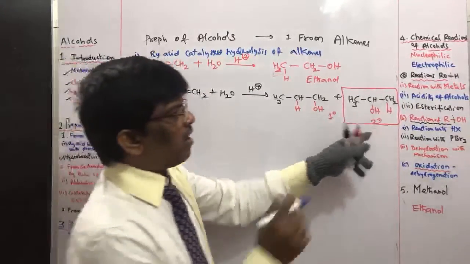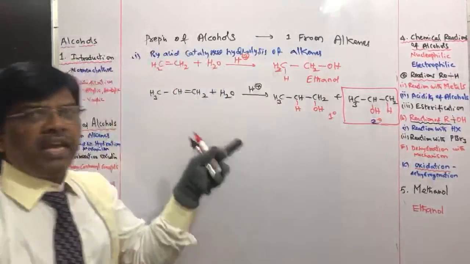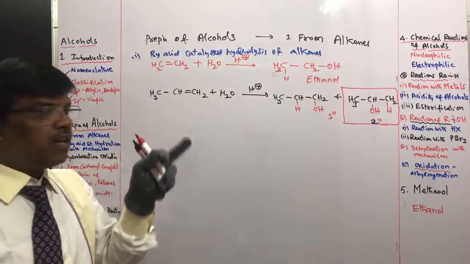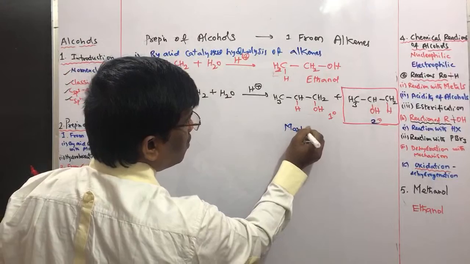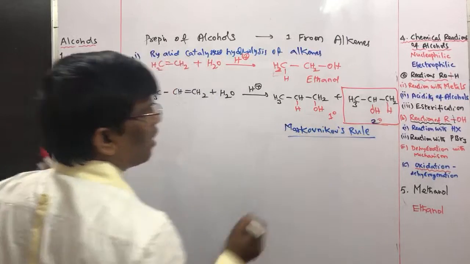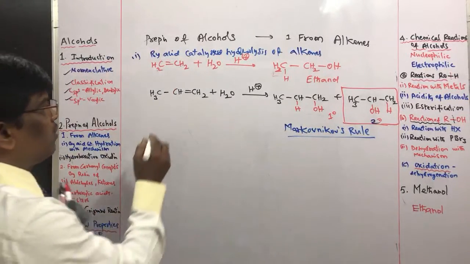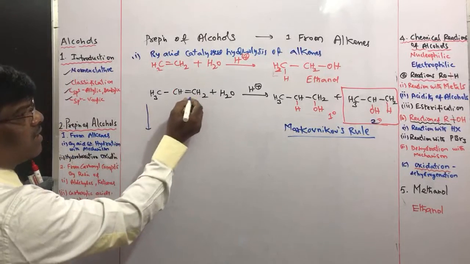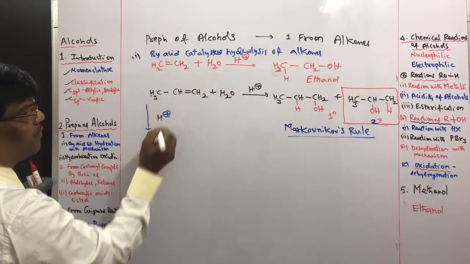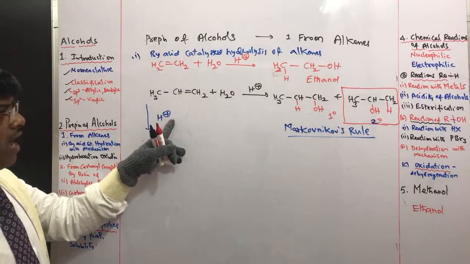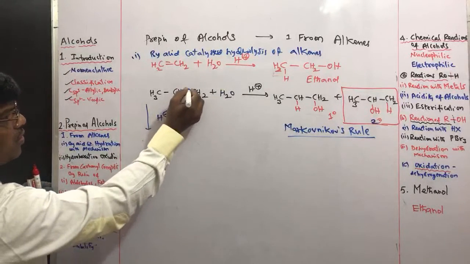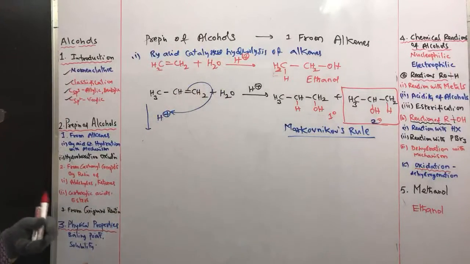Dear students, secondary alcohols are going to be formed major when you take an asymmetric alkene, because as per Markovnikov's rule, we are going to get this secondary alcohol. Let us see the mechanism so that you will understand. The first step is protonation of alkene. In presence of H plus ions, it is going to take up this proton.